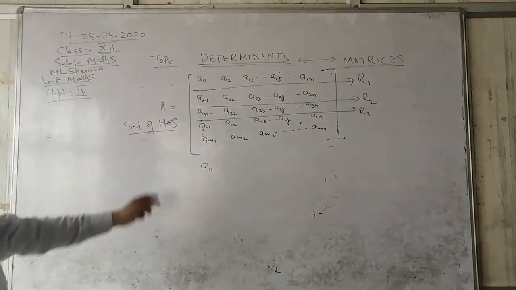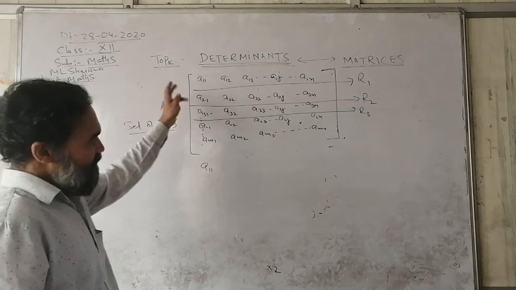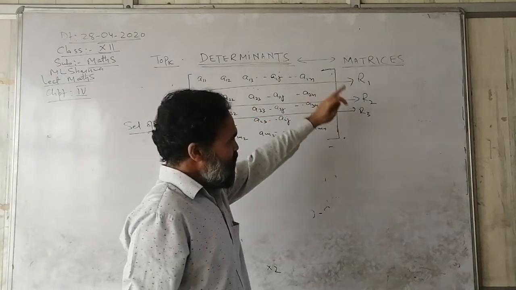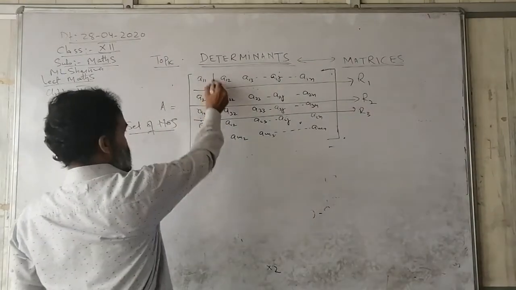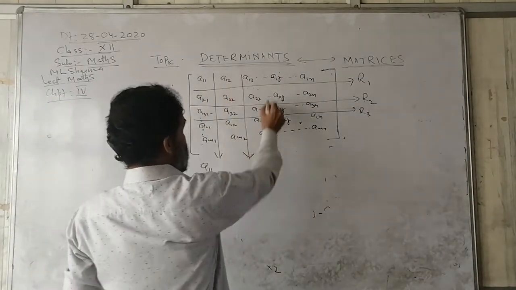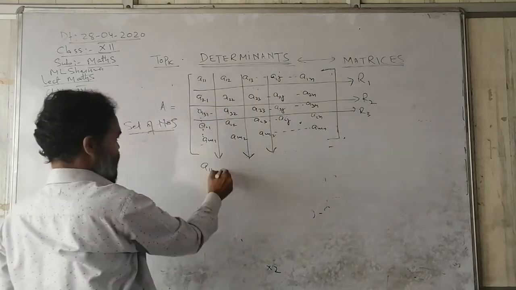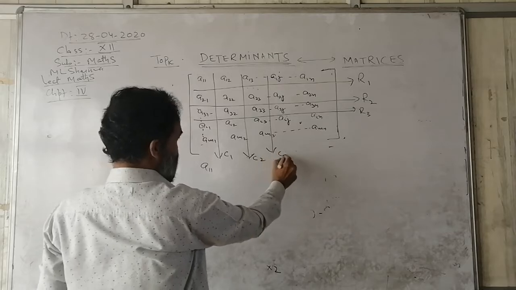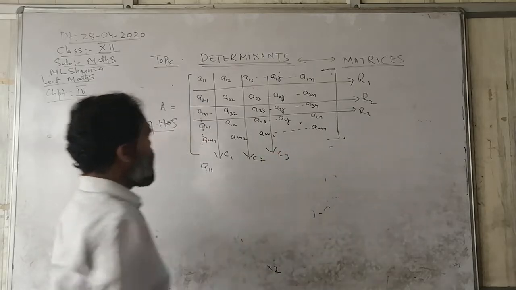So all the numbers which are lying in horizontal lines are called numbers lying in row 1, row 2, and row 3. Same way, the numbers which are lying on vertical lines are termed as column C1, column C2, column C3, and so on.